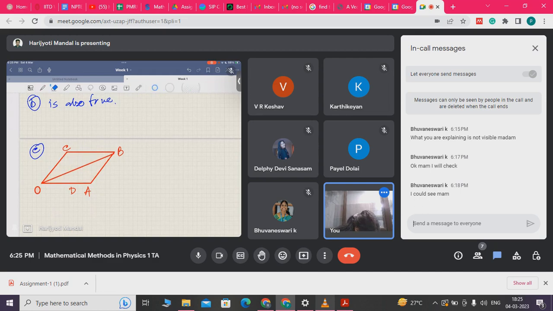So there will be some mistake. CD. So D is the midpoint of OA.